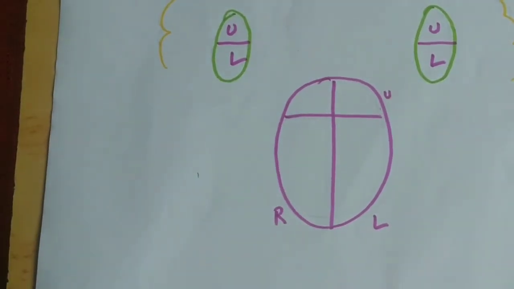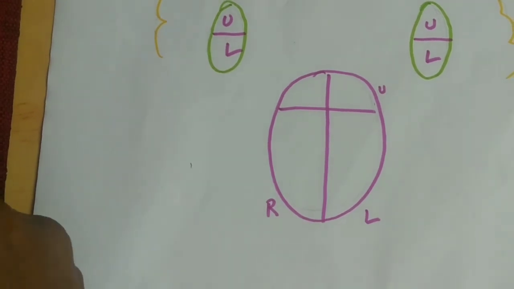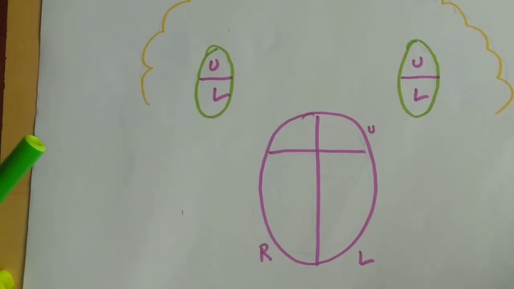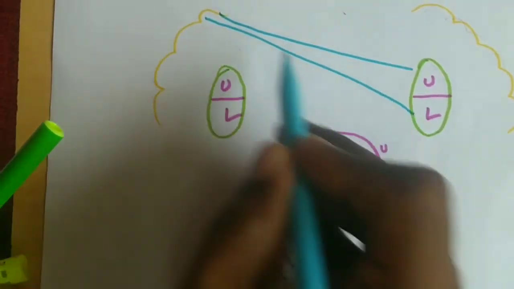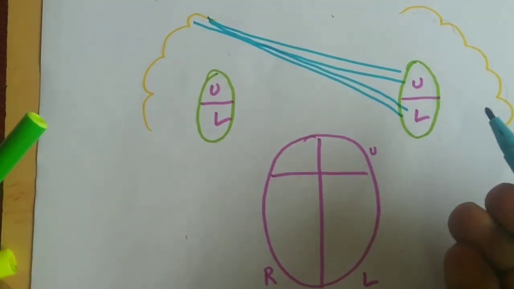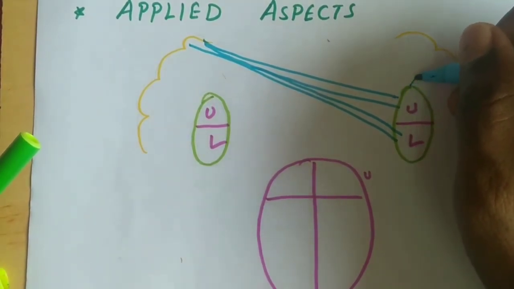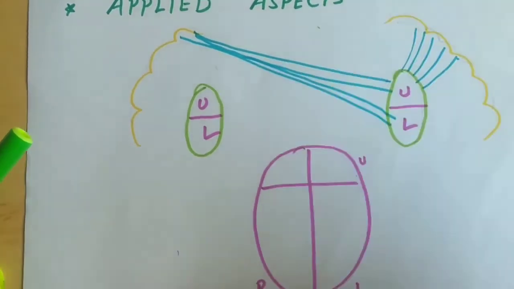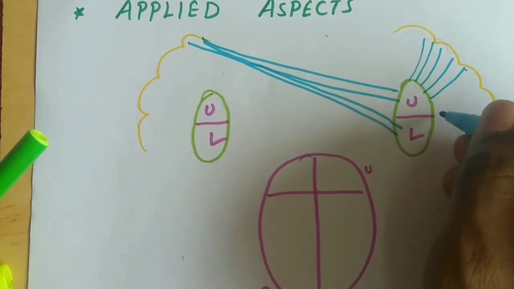For understanding Bell's palsy and the upper motor neuron facial palsy, we need to know about the connections. Usually the cerebral cortex will be controlling the opposite side facial nucleus. But the upper part of the facial nerve nucleus is also controlled by the same side cortex.